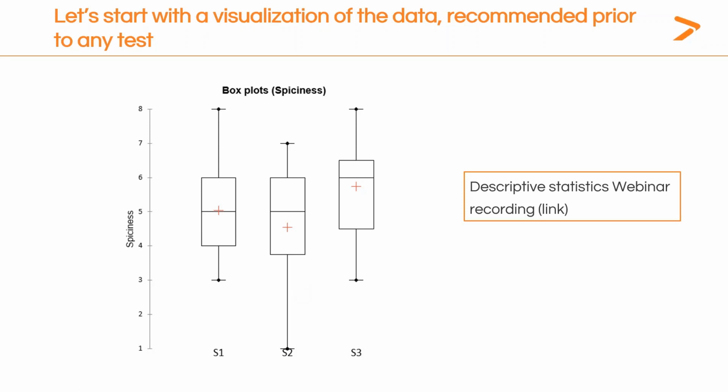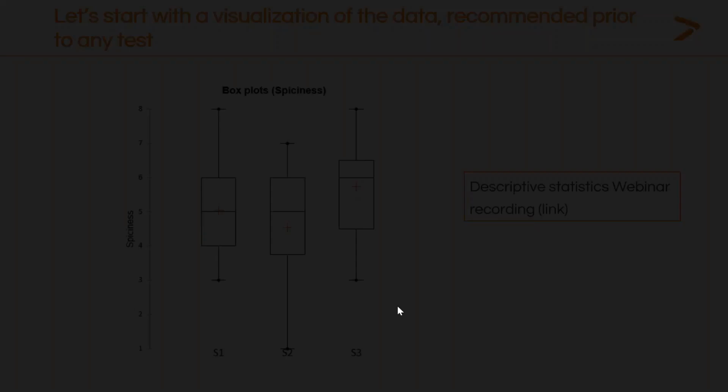I think we can carry on with the ANOVA, but please do visualize your data before running any test. In order to obtain this kind of charts, you can watch the descriptive statistics webinar in case you haven't watched it yet.